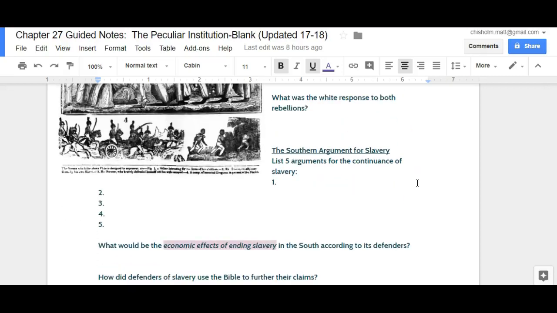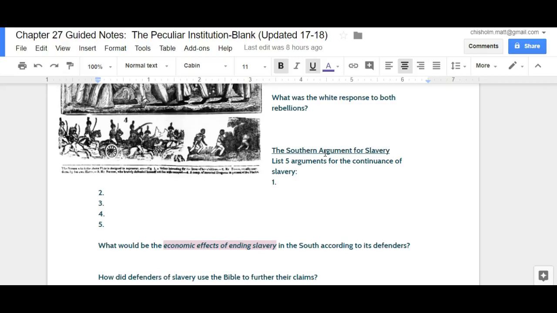All right, lastly, guys, we're going to talk about the Southern argument for slavery. What is the moral ground that Southerners, especially as enlightened, educated, genteel, courageous human beings, are giving for the continuance of slavery? There are 5 main arguments for this. The first is economic. Ending slavery would kill the Southern economy, right?